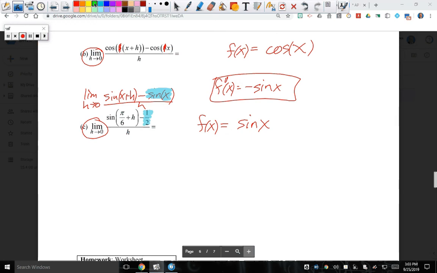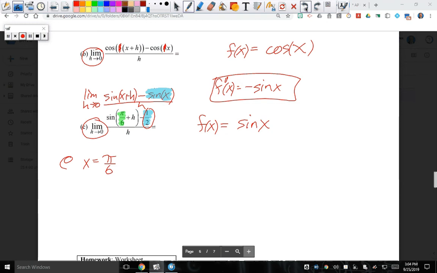Because my moment is when x is pi over 6. This almost feels like alternative form, because there's a constant right here. And on the alternative form, you always see that constant there as f of c. But why isn't it the alternative form? Because I don't have x minus c in the denominator. There's not two numbers, you know what I mean? A variable subtracting that constant.